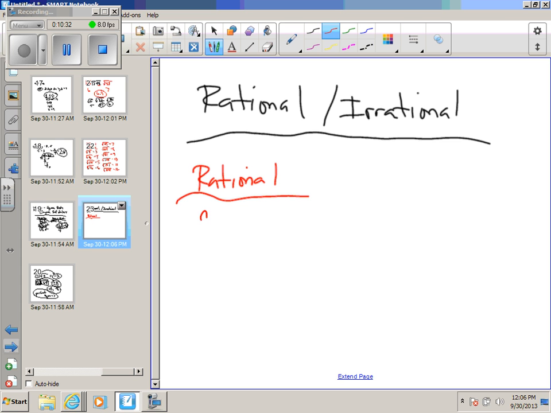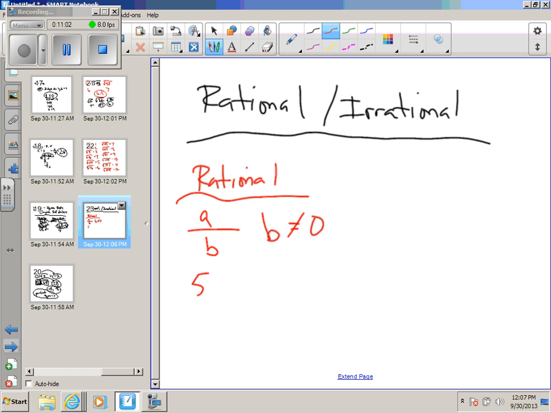Rational numbers are anything that can be written in A over B form. You might look at A over B form as a fraction. Anything that can be written in fraction form, as long as B does not equal 0. That's an important part.